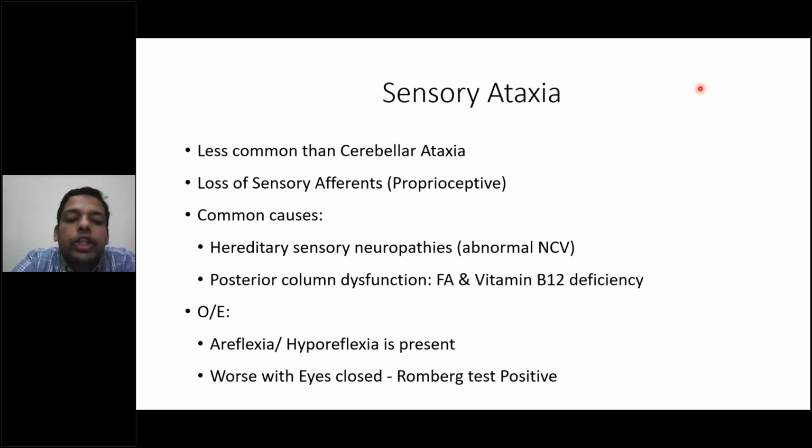On examination here, there is either areflexia or hyporeflexia, and the characteristic Romberg's test is positive in sensory ataxia. In Romberg's test, we close the eyes and then the instability increases. That is a positive Romberg test.